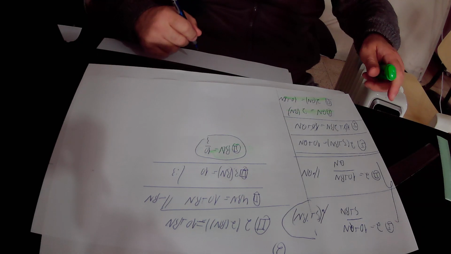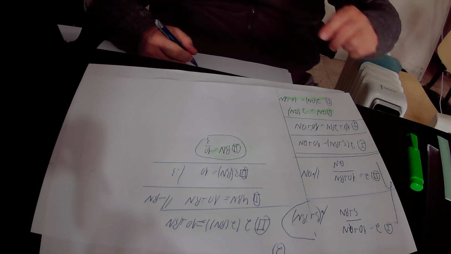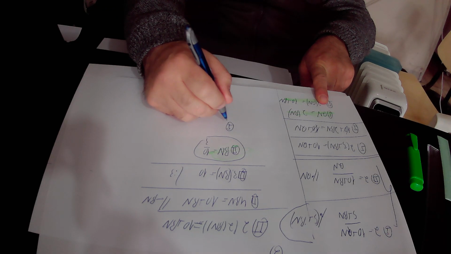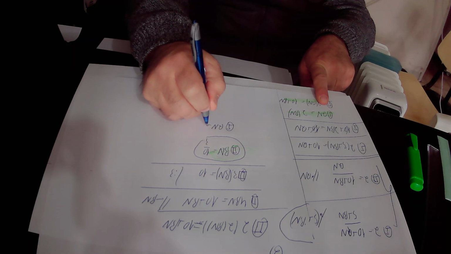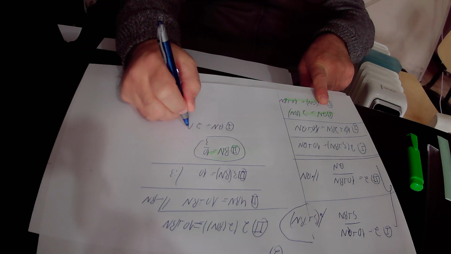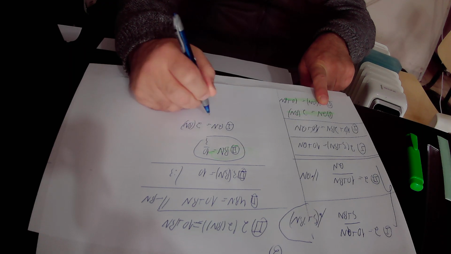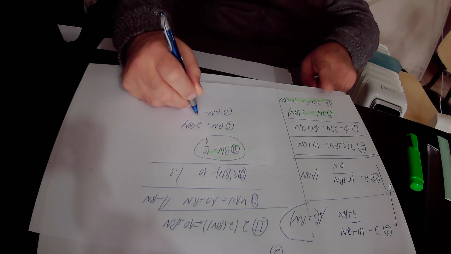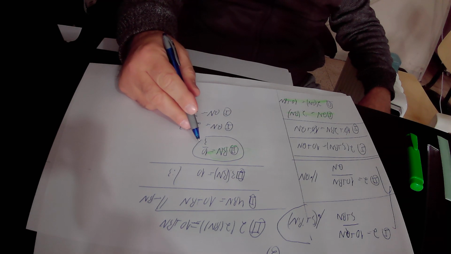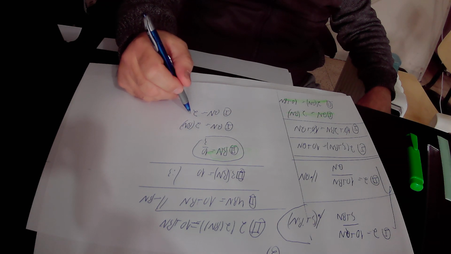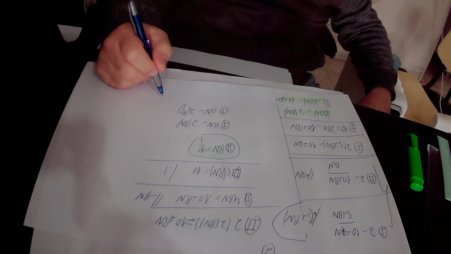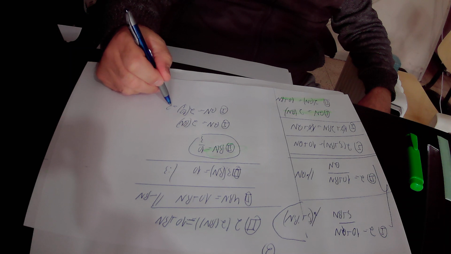According to equation number 1, we have already found out that Qn equals 2 times Bn. Bn is 10 over 3, so Qn equals 2 times 10 over 3, that is 20 over 3.